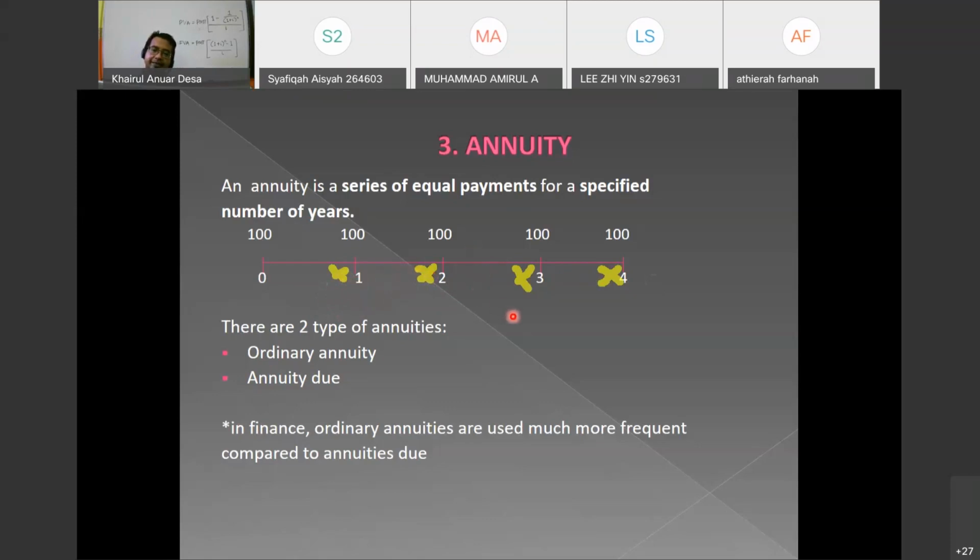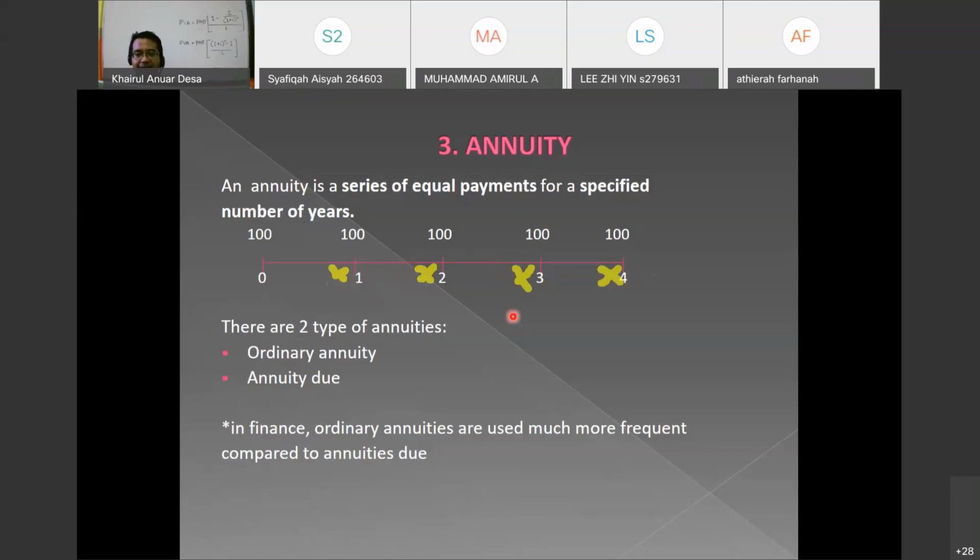So, boleh berikan saya contoh what kind of payment normally occurs at the end of the month? Apakah pembayaran-pembayaran yang kita buat atau kita terima biasanya pada hujung bulan? Yes, pembayaran gaji, our salary.